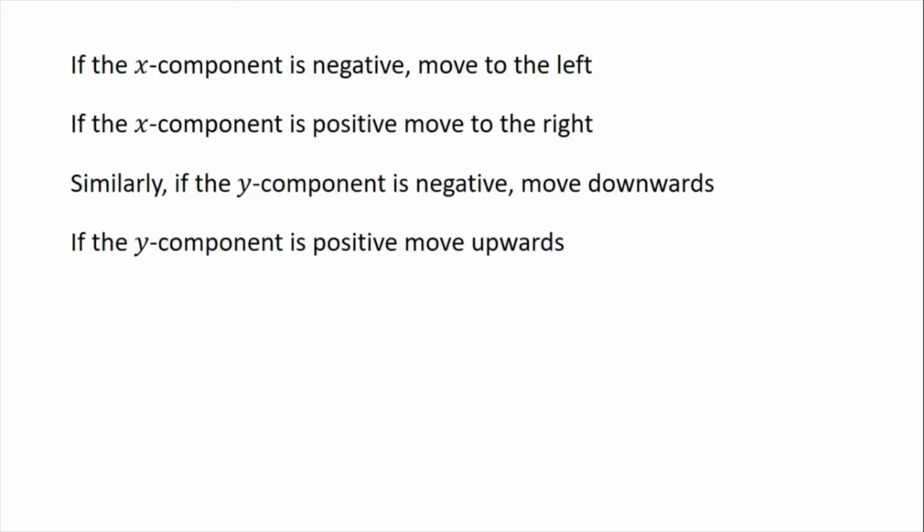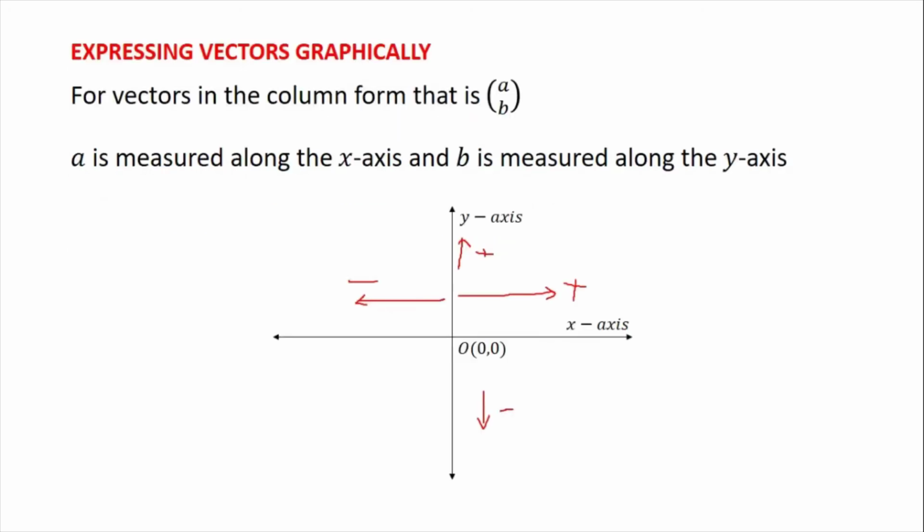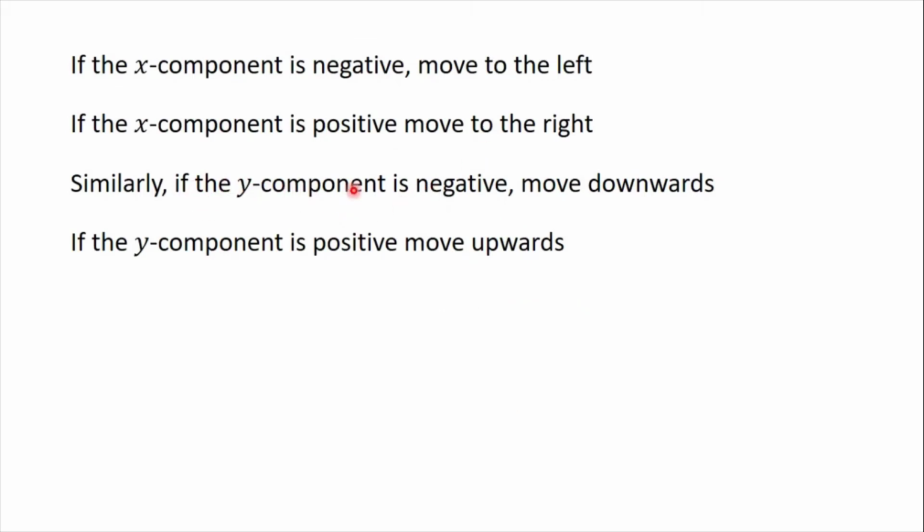If the x component a is negative, move to the left. If a is positive, move towards the right. In the same way, if the y component is negative, move downwards.